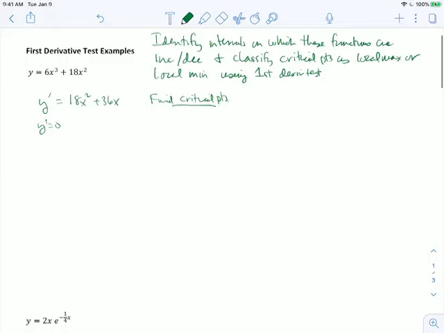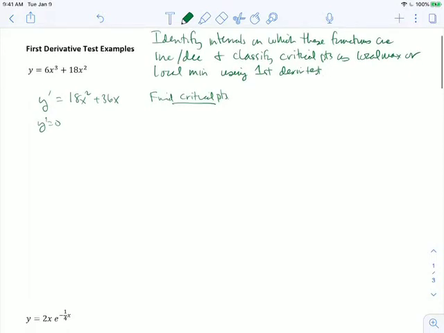This function is not undefined in any place. I can factor out an 18x. And so that's going to lead to x equals 0 and x equals -2. So these are my critical points.